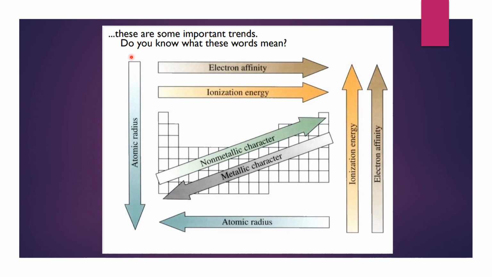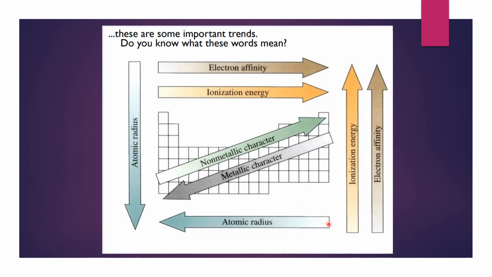Now when you generalize the properties of the elements along periods and groups, it can be easily depicted through this figure. First, atomic radius, the distance from the center of the nucleus to the outermost orbital of an atom. Atomic radius increases in groups, whereas in periods, from left to right, it decreases.